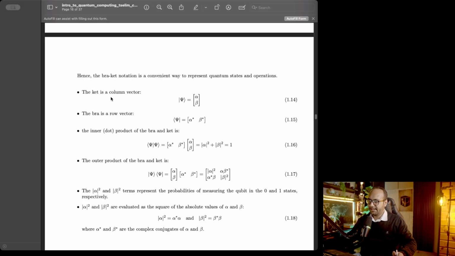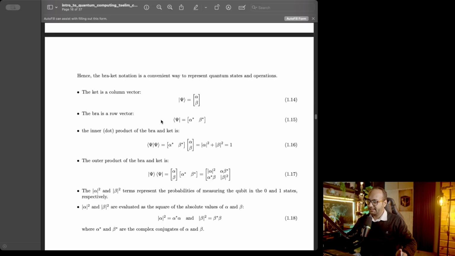Now, the ket is a column vector, definitely. So we express it in a column vector like this. It has a component alpha, a component beta, and this is our column vector. If we take the transpose, which means that we have the row vector or the pseudo vector, then we have the bra. So together they form the bracket, as we are going to see now.